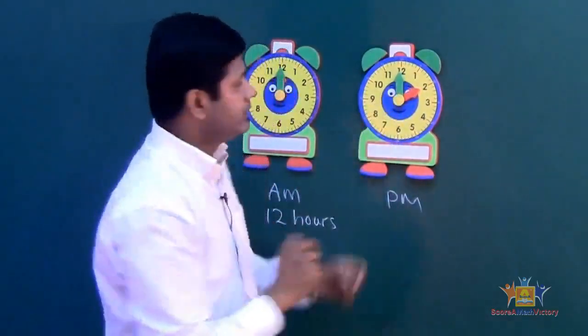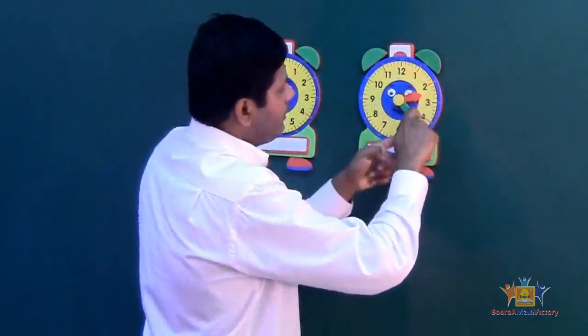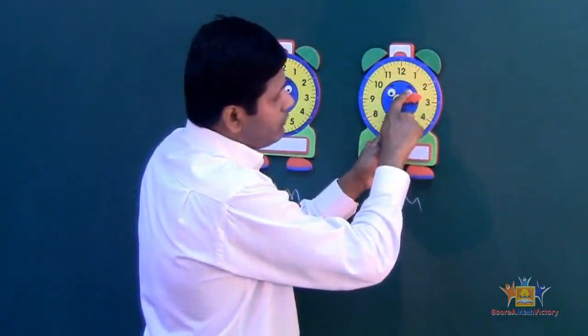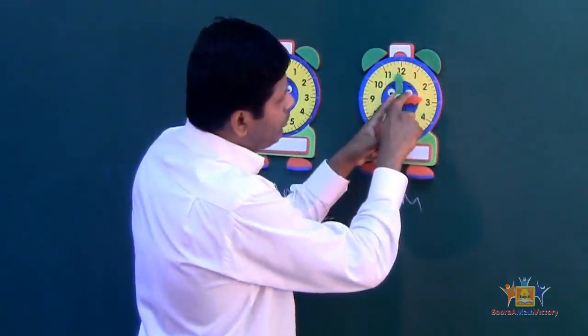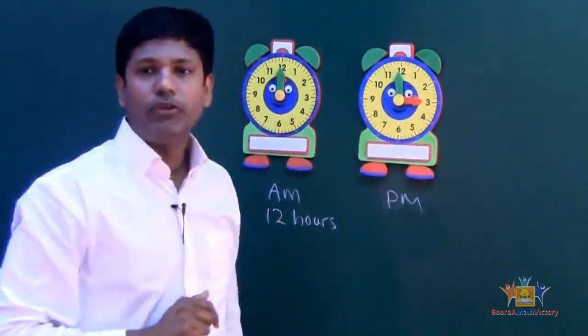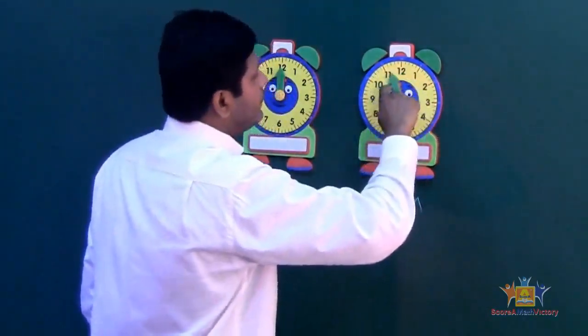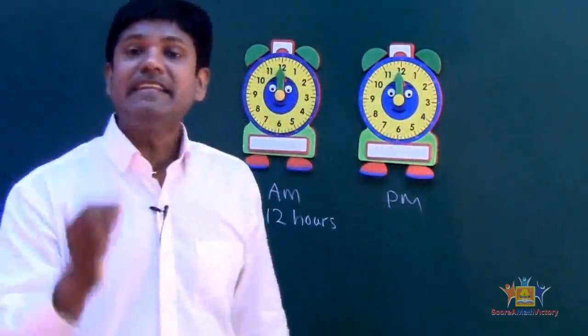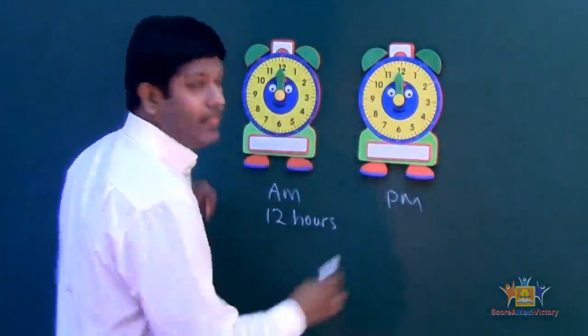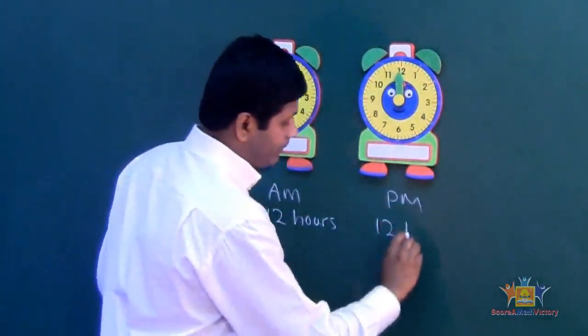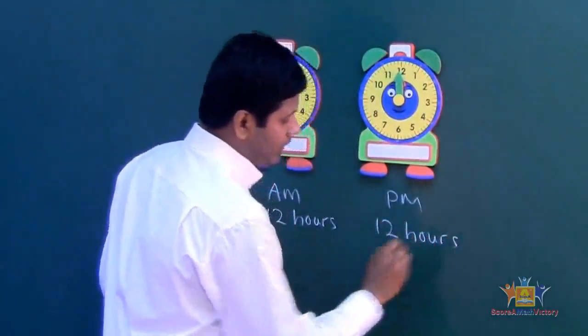The same thing: the long needle moves around, and the short needle moves closer to 3. The moment it hits 12, it touches 3. So that's 3 p.m. Now that keeps going like this until you hit 12 midnight. So that gives you another 12 hours.